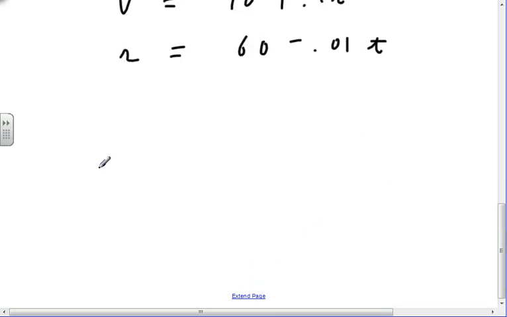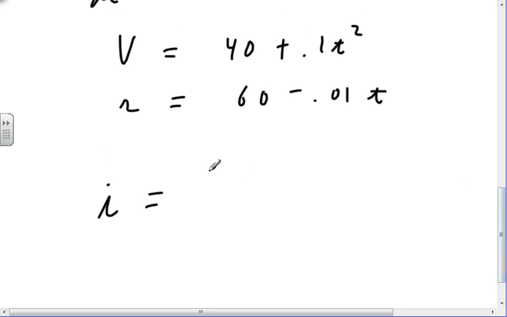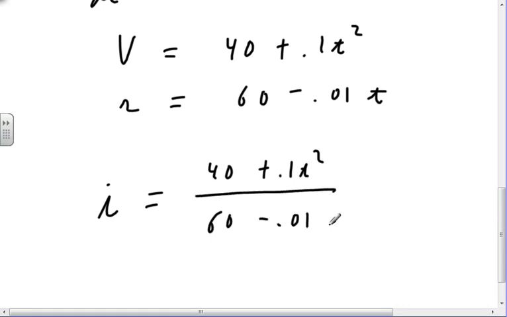Okay, so I is equal to the voltage, 40 plus 0.1 t squared, divided by 60 minus 0.01 t.